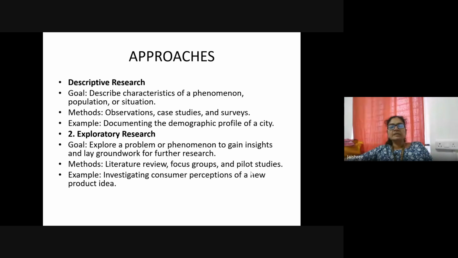Fine. The second type of approach is exploratory. So you explore a problem or phenomenon to gain insights, and you lay groundwork for further research. It is just like a pilot study. Something is yet to be explored, yet to be known to the whole audience or to a major group.